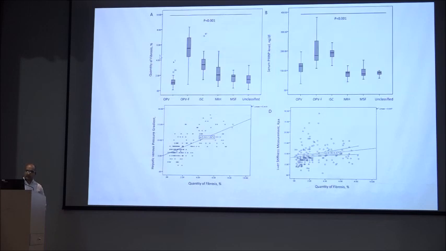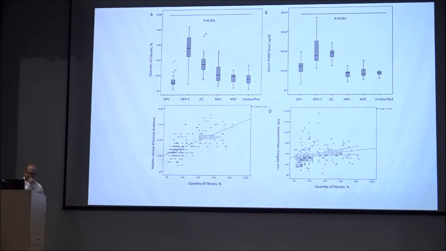And regarding this LSM value, if you see, the amount of fibrosis is obvious because fibrosis is there in OPV with fibrosis and ISC. So the quantity of fibrosis will be more in those cases, whereas in NRH and MSF the fibrosis is not that much. So the hepatic vein pressure gradient will correlate with the amount of fibrosis in those cases, but the liver stiffness measurement will not correlate with the fibrosis.